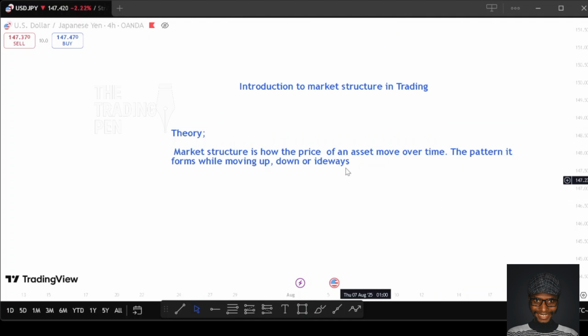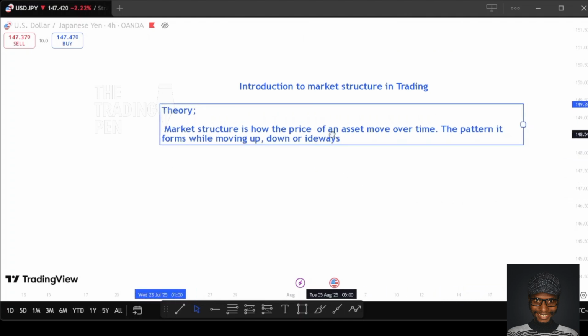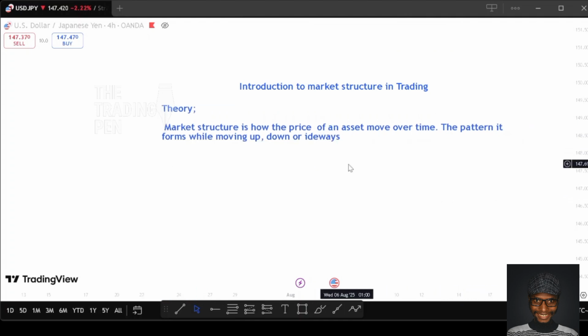I hope you can see this clearly. I said in theory, market structure is how the price of an asset moves over time, the pattern it forms while moving either up, down, or sideways. Just like a building has structure. If you're building, you have to do foundation, walls, and roofs.